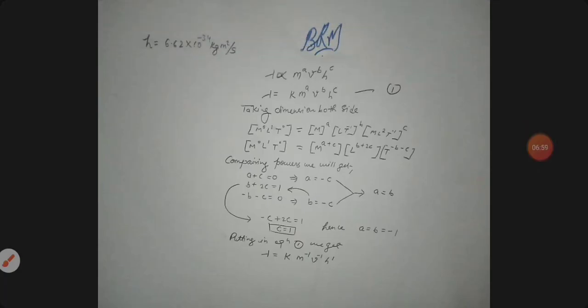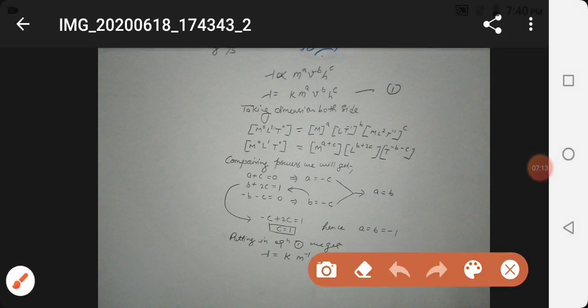Putting a, b, c in the above equation, in equation 1 we have lambda is equal to k m power minus 1, v power minus 1, and h power 1. Okay, so you can see here that m is with minus power and v is with minus power.